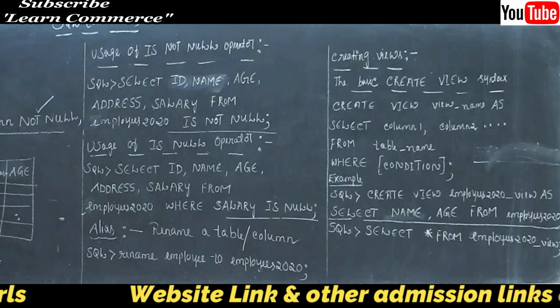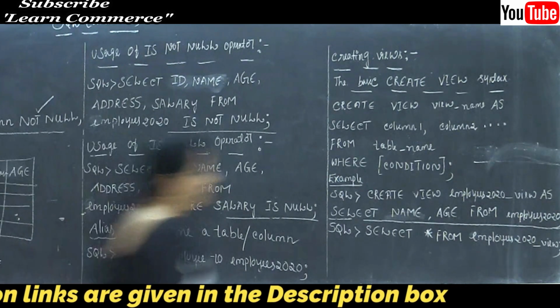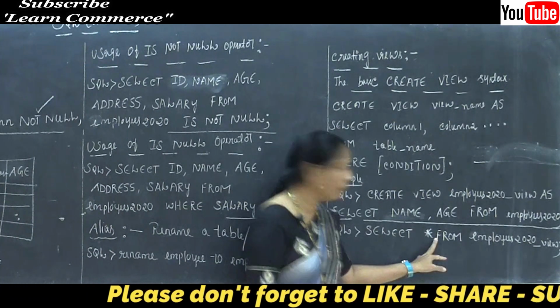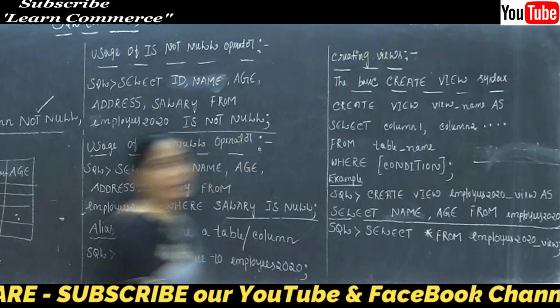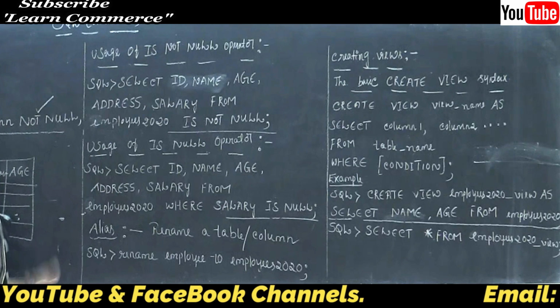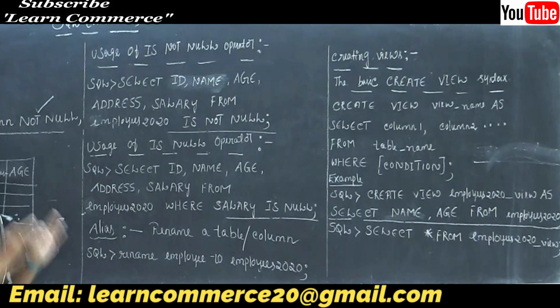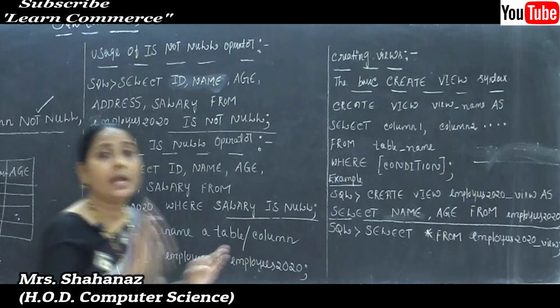Because in our second example I completed it by using this star. The SQL query is select star from employees2020_view semicolon. So what do you mean by a star? Why are we using this star? That means no particular record or no particular column is selected from the table.